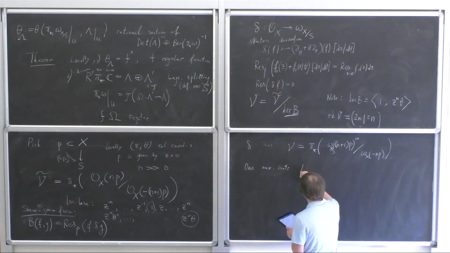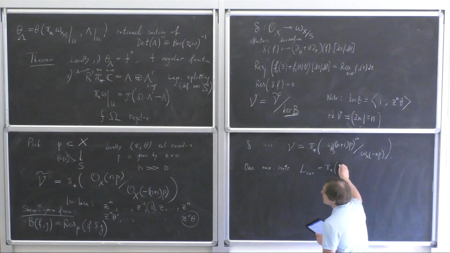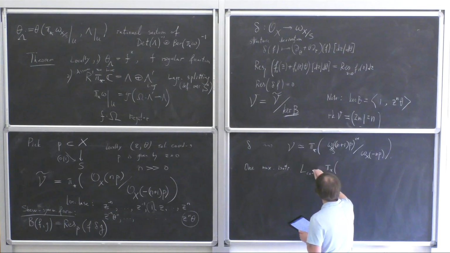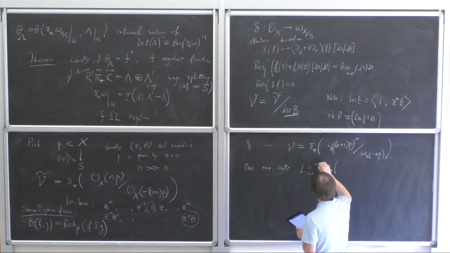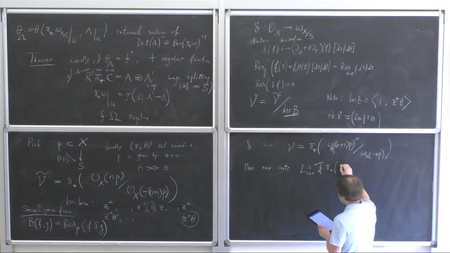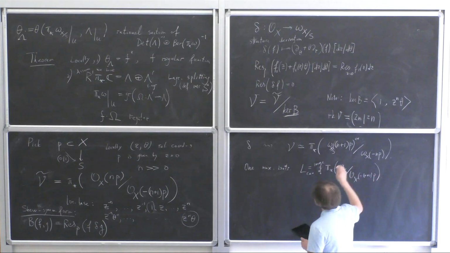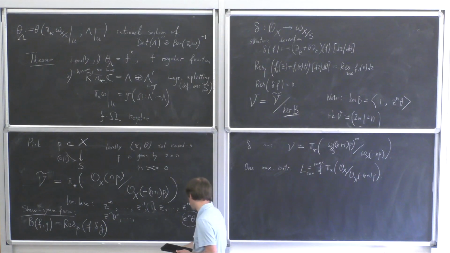So this is going to be just pi star of the image of pi star OX modulo OX minus n plus 1p. So in other words, in local coordinates, we just take this part to the right.